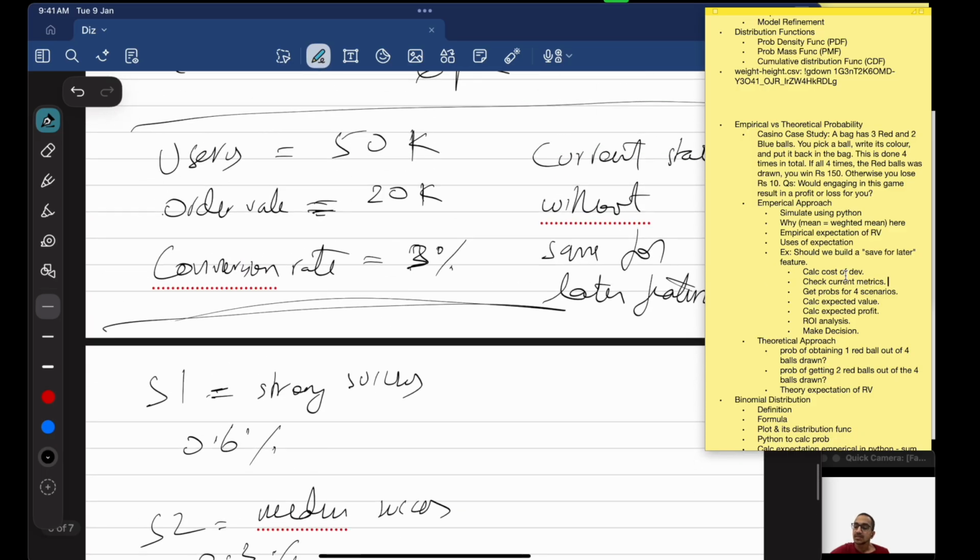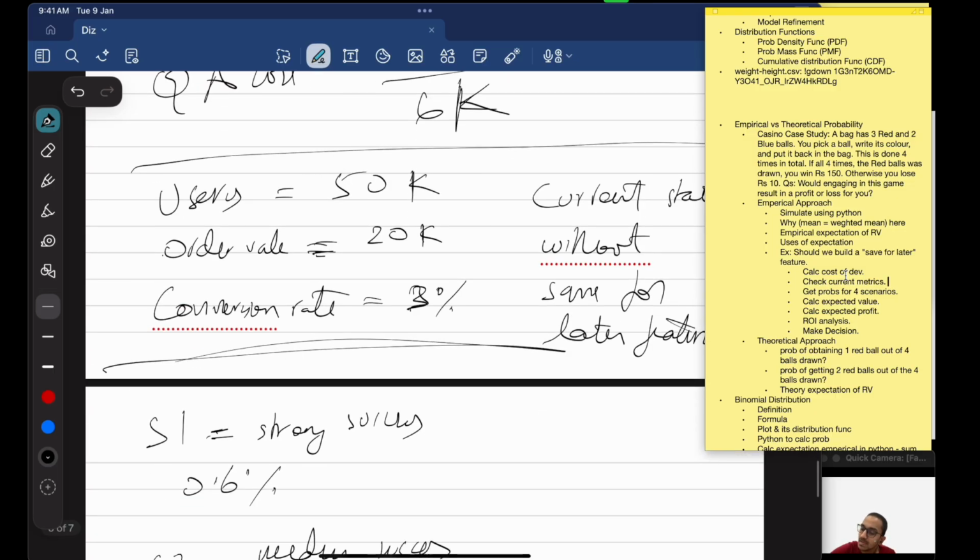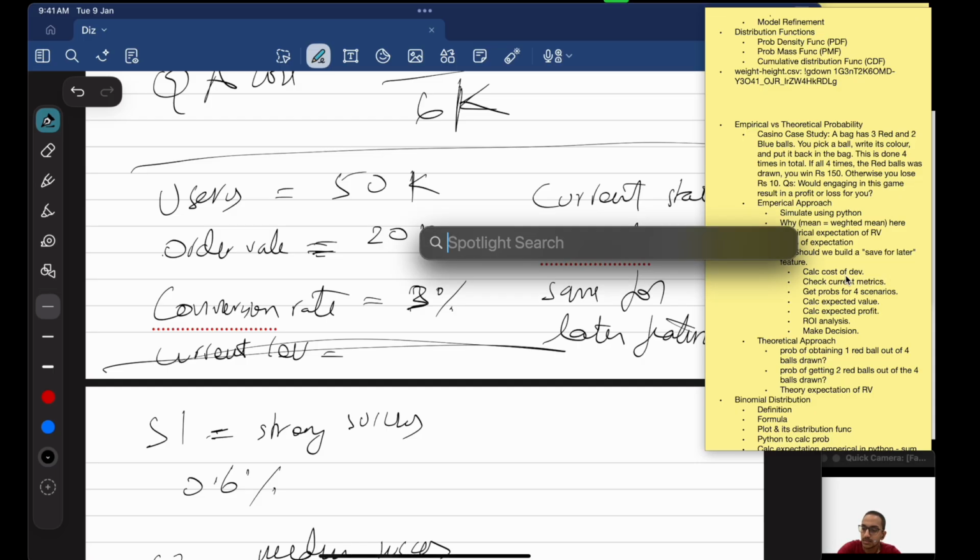So based on this, we can actually calculate the revenue as well. Okay, it's the revenue we have to calculate. So what is their current revenue? So 3% of 50k is what? So 3 by 100 into 50, that would be 3 by 2, 1.5.